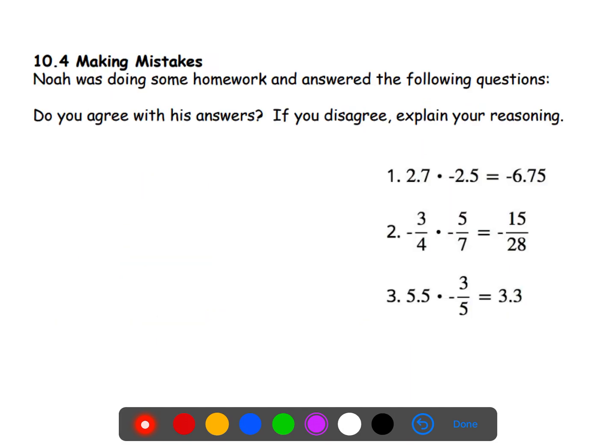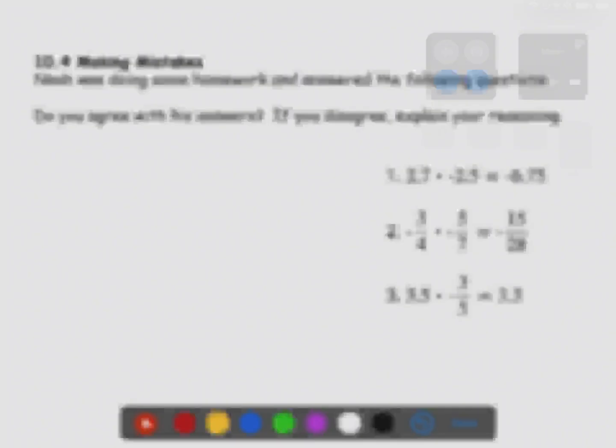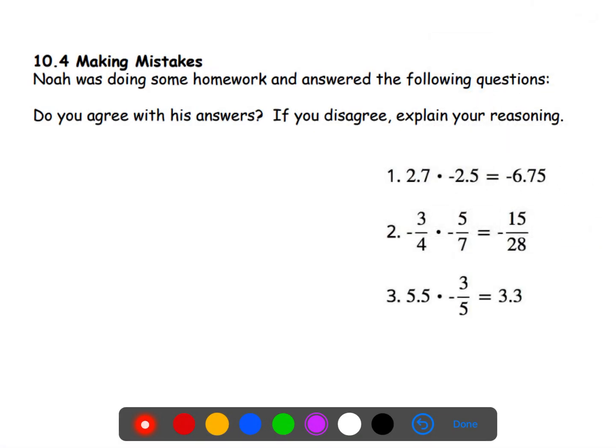Now let's look at the last example. Noah was doing some homework and answered the following questions. Do you agree with his answers? If you disagree, explain your reasoning. Again, let's just check his work. Most likely the multiplication was done correctly, and we're just checking our multiplying rational numbers rules. If we multiply a positive and a negative, different signs, we should have a negative product.